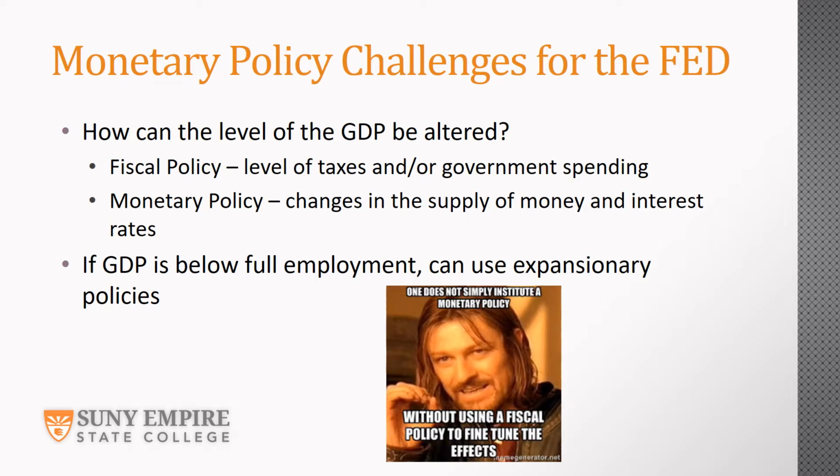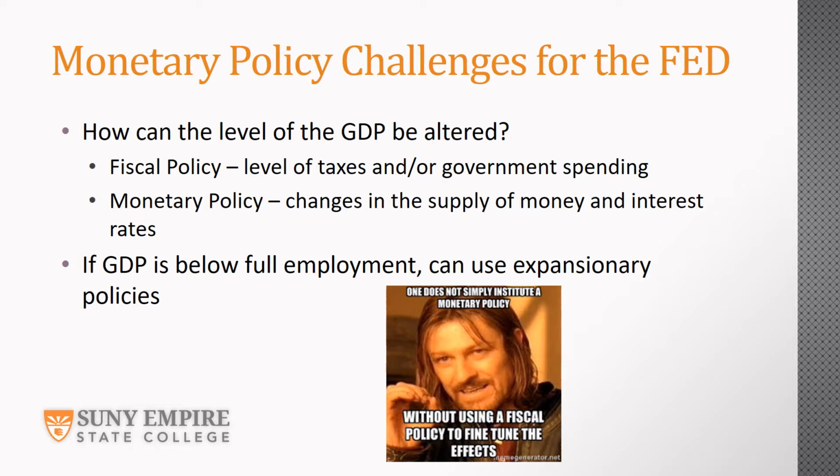How can the federal government alter the level of the gross domestic product? Well, it depends. Are we talking about the federal government by itself or by its subsidiary, the Fed? The federal government controls fiscal policy, which is the level of taxes and/or government spending.